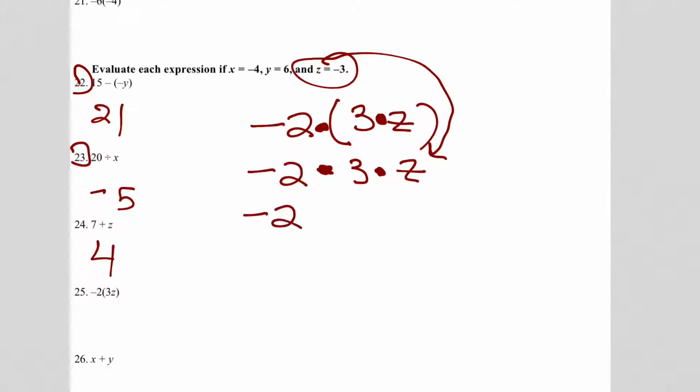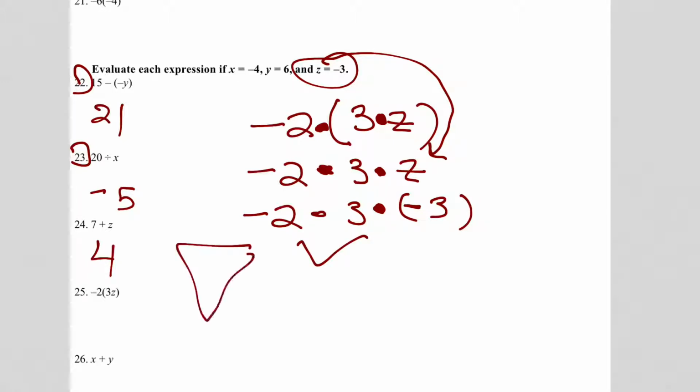So it'll be like this: negative 2 times 3 times z, which was negative 3. You don't need those parentheses around the negative 3, but remember to separate the signs, this multiplication sign and this negative sign, so we'll put the parentheses there. We can only multiply 2 numbers at a time.